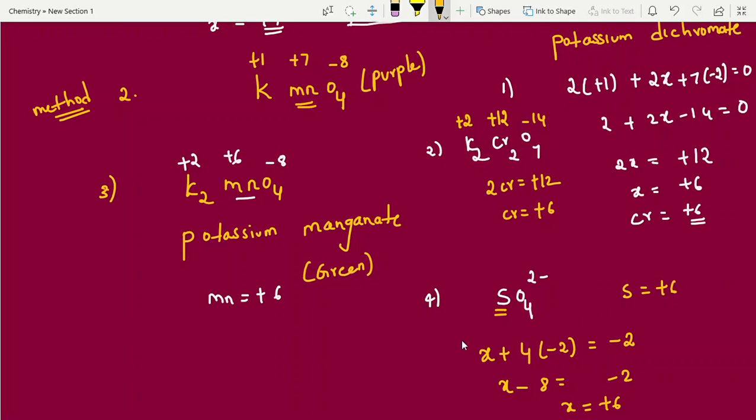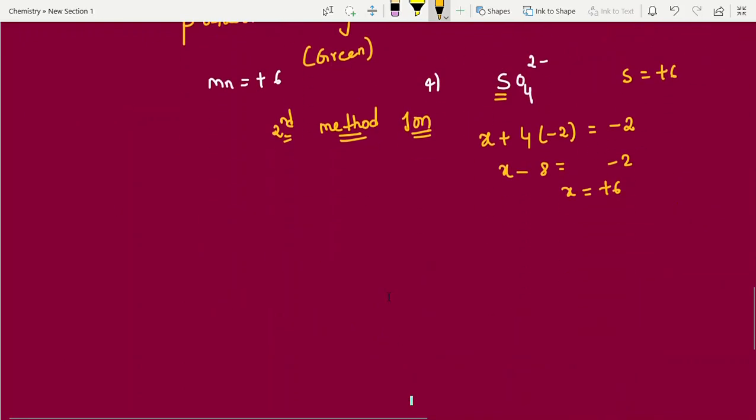Can I give the shortcut method? For competitive examination, second method for ions, I am giving C. In the beginning it will be confusing, but once you practice, within 1 second you'll get the answer. Clear, students?